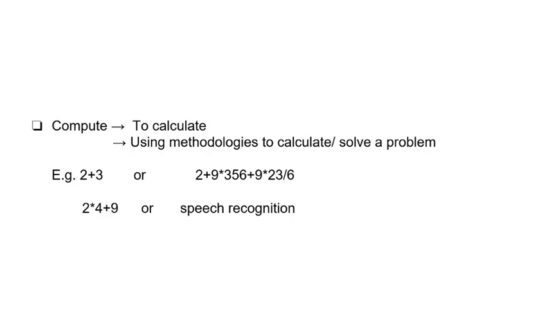Speech recognition is also a computation. So computing is not only limited to calculating. Sometimes it needs an analysis part also. Okay, so that is the basic idea of computation.